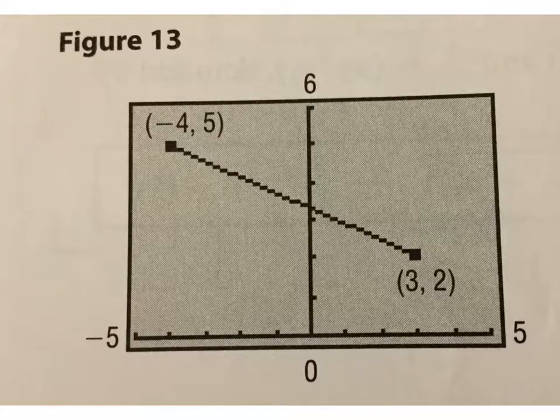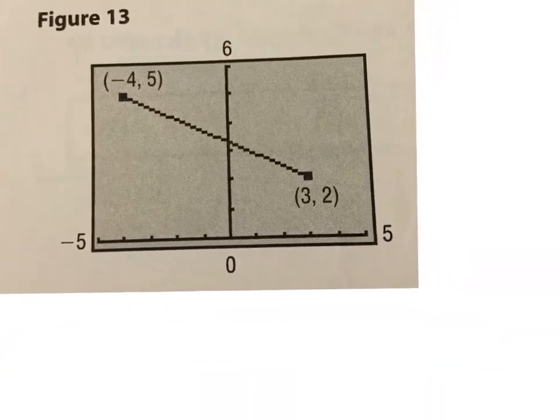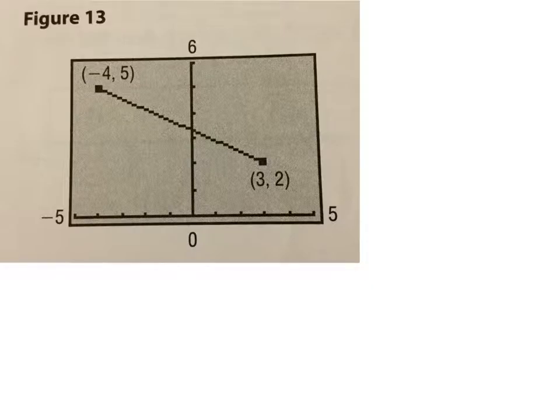Okay, so now I'm looking at page 5 and page 6. It tells me to look over at figure 13, that is at the top of page 6, and find the distance between those 2 points. Okay, so here's my drawing. Now it gives me the 2 points, and it gives me the line drawn there.